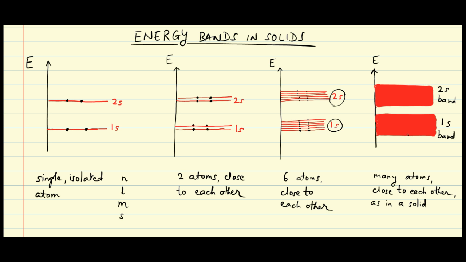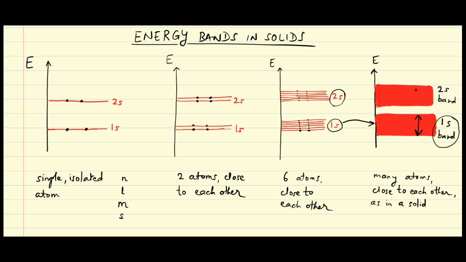And now finally you can imagine what happens when you pack millions of atoms close to each other like in a solid. The individual energy levels corresponding to 1s now split into so many individual energy levels which are so close to each other that essentially it appears to be a continuous band of energy, and so it's now called the 1s energy band instead of the 1s energy levels.